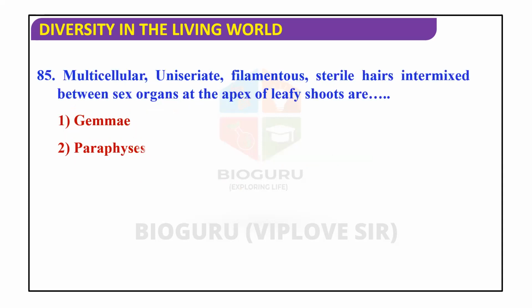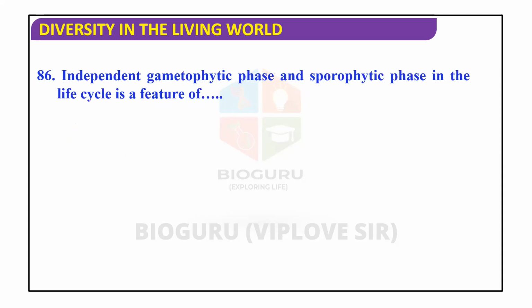That's good. Multicellular uniseriate filamentous sterile hairs intermixed between sex organs at the apex of leafy shoots are gemmae, paraphysis, peristomial teeth, or elaters. It is paraphysis.